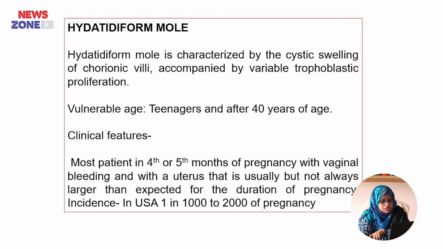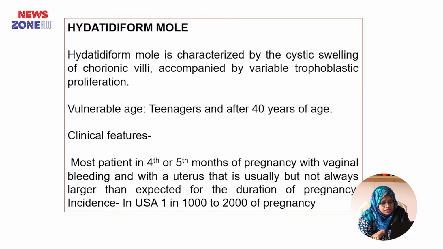Now, what is hydatidiform mole? The hydatidiform mole is characterized by cystic swelling of chorionic villi accompanied by variable trophoblastic proliferation, and the vulnerable age groups are teenagers and 40 to 50 years of age.